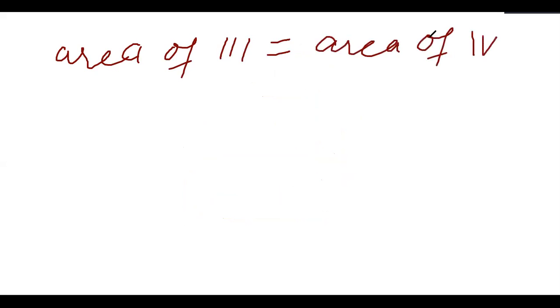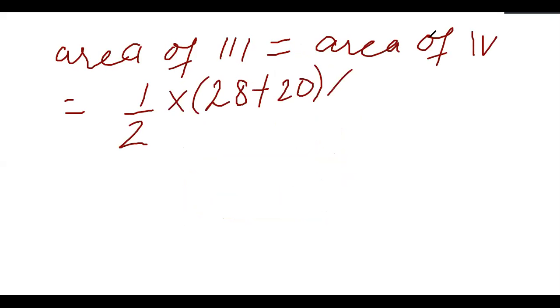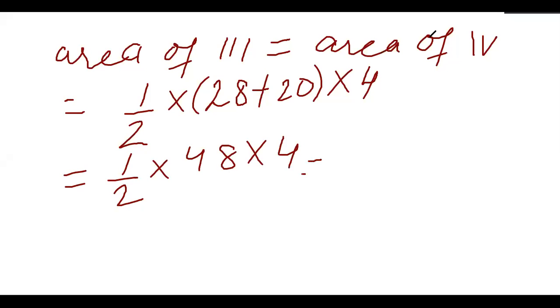Area of section 3 is equal to area of section 4, which is also a trapezium, half into sum of parallel sides into height is equal to half into 48 into 4 is equal to 96 centimeter or meter, whatever it's given, square.